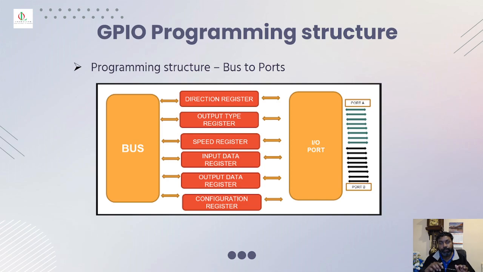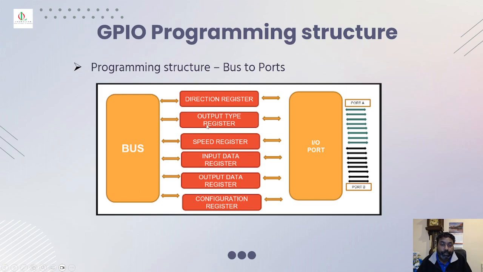If you want to use that same port as an alternate function, you write 10. And you can also use that same port as an analog function if you write 11. First I'll explain all this, then I will show you the registers.